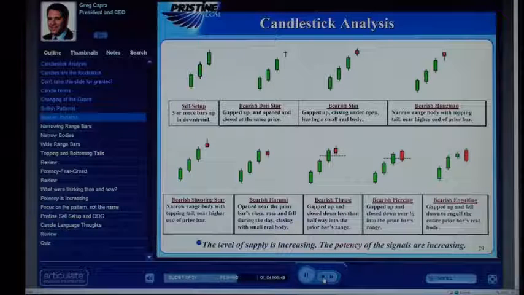How bearish is it when we look at these various turning points? And as we look at them, the last 2 examples are the most bearish, right? The piercing pattern and the bearish engulfing pattern, because they have penetrated deeply into those prior candles.